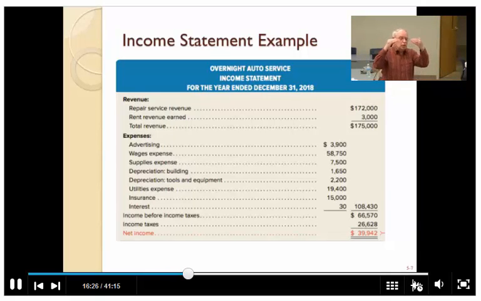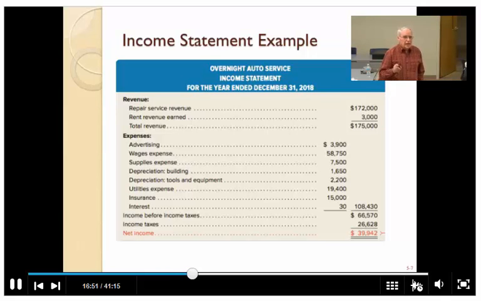You look at the trial balance, everything from revenue down belongs on the income statement. And it was done that way on purpose. The reason the ledger was put together the way it was is to facilitate the preparation of financial statements.